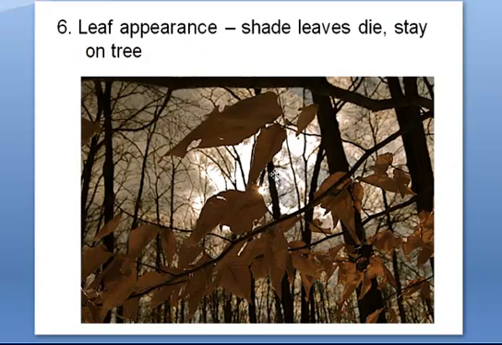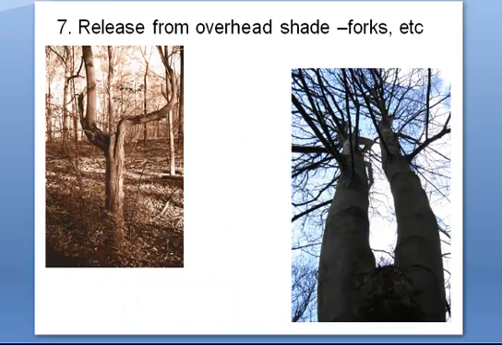This is just to talk about shade leaves. They stay. This is not really a disturbance, but it's an indicator of juvenile leaves. One that is very prominent is release from overhead shade.